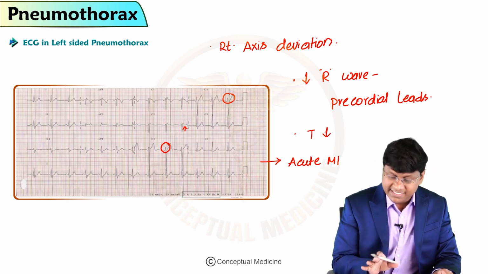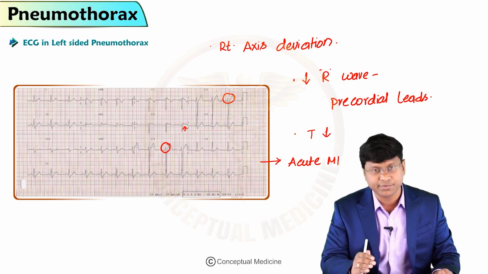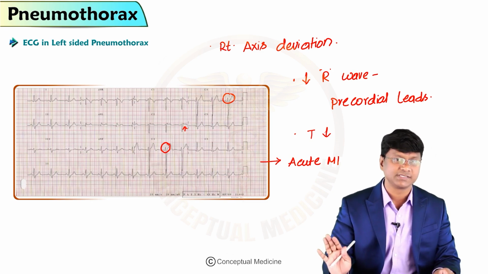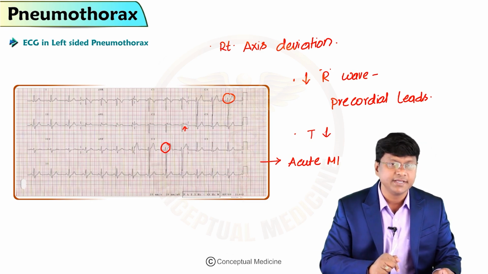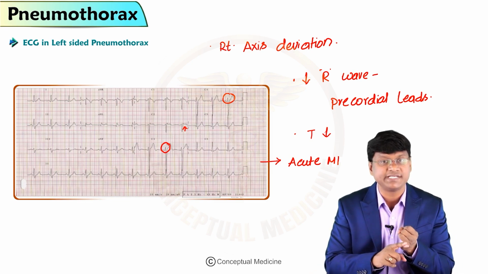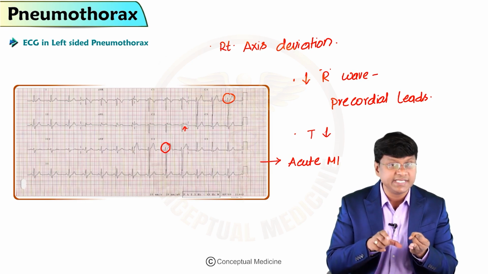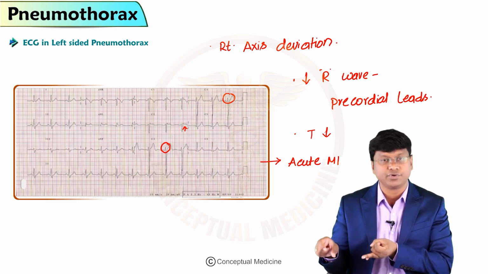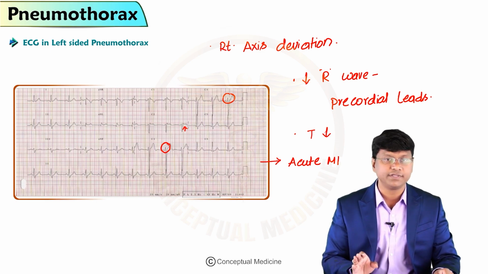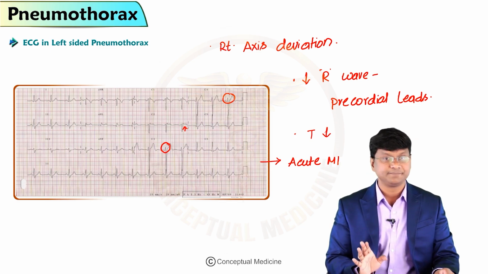So you need to take care. You should be able to differentiate whether it is an acute MI or a pneumothorax by other concomitant findings. If it is an MI, you will have reciprocal changes, and you will have dynamic changes in the ECG as time progresses. The same you will not observe in the ECG of pneumothorax. So these are the investigations related to pneumothorax.